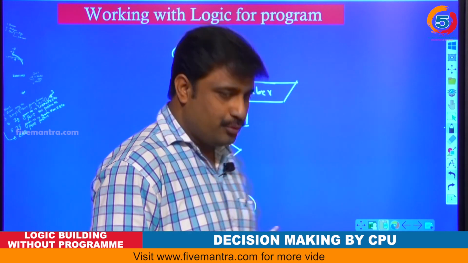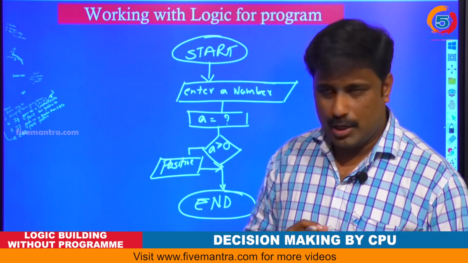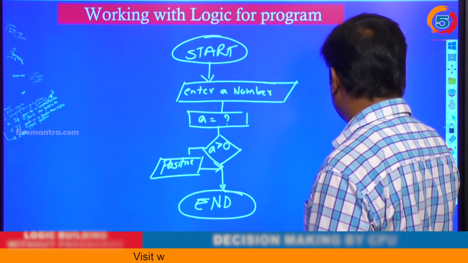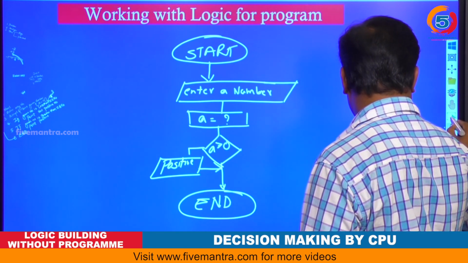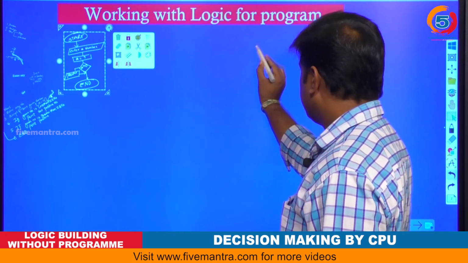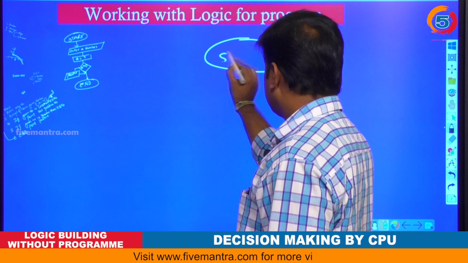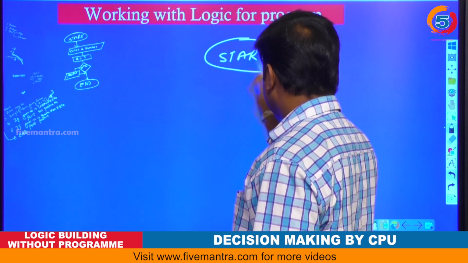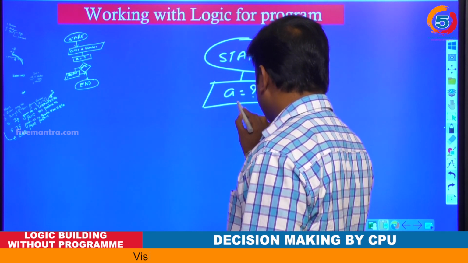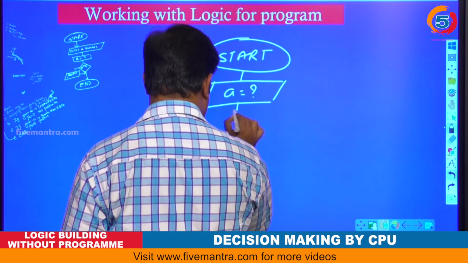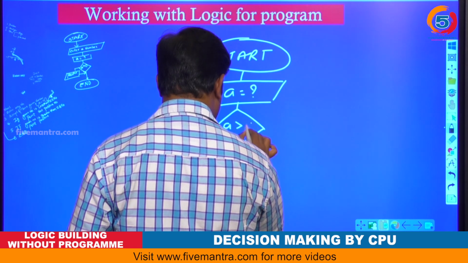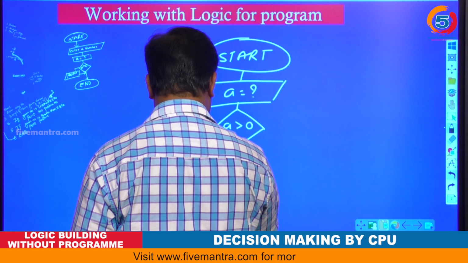If you want to do it better, I want to check all cases, so you have to go with another condition. Once again I'll modify this. This is the one I wrote; next I'll write the same thing in a better way. Start, next, enter a number. Once he has entered, I'll ask: is a greater than 0?